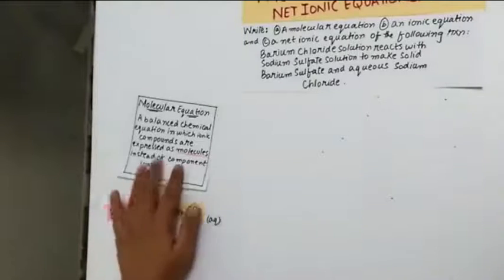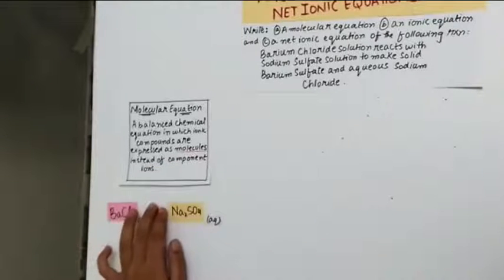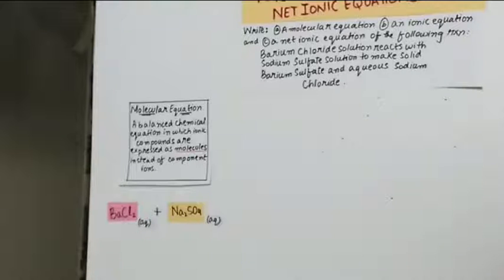I'm just going to write out the whole equation here. It produces, which means we put an arrow here, sodium chloride, which is aqueous, and barium sulfate, which is the only solid here. Plus sign.